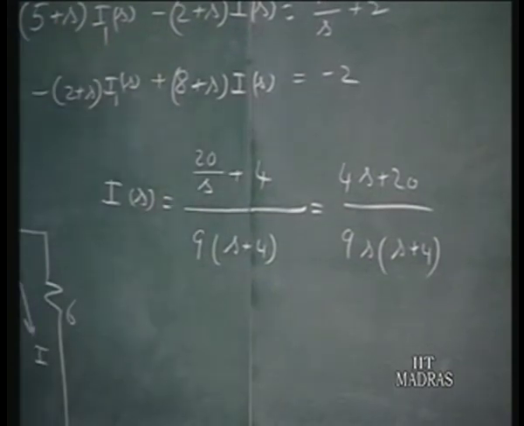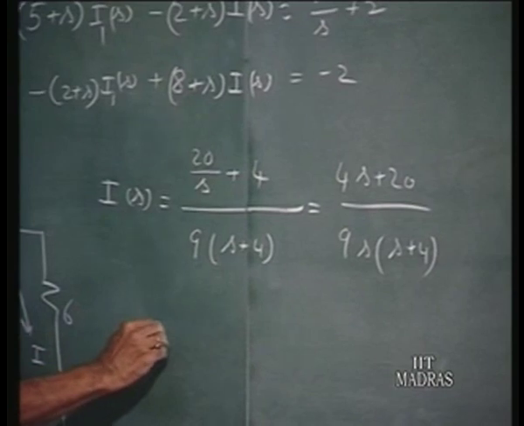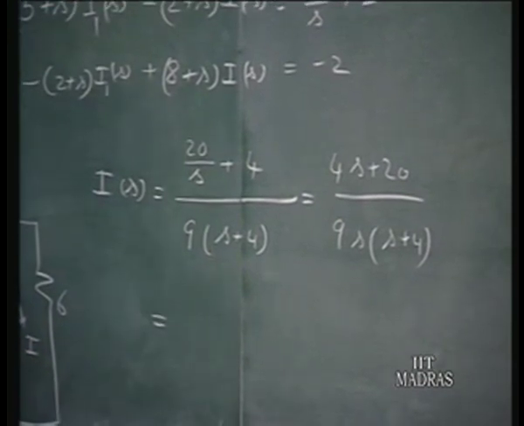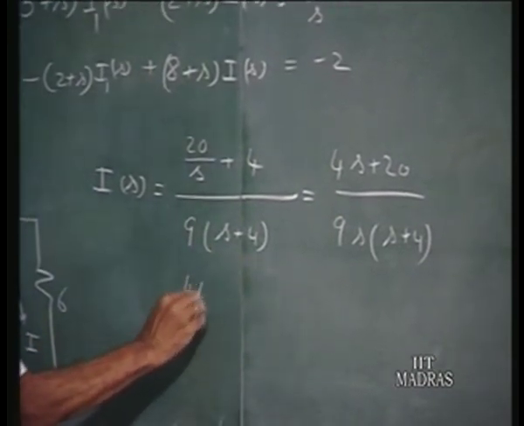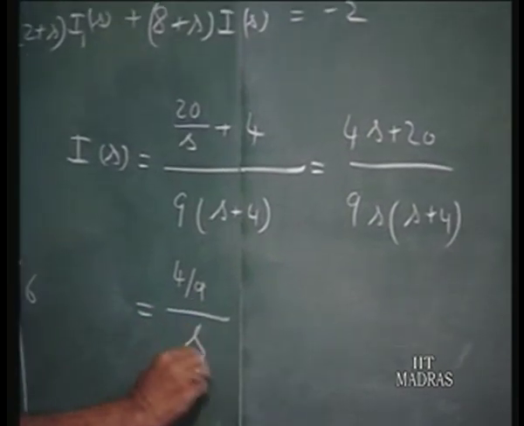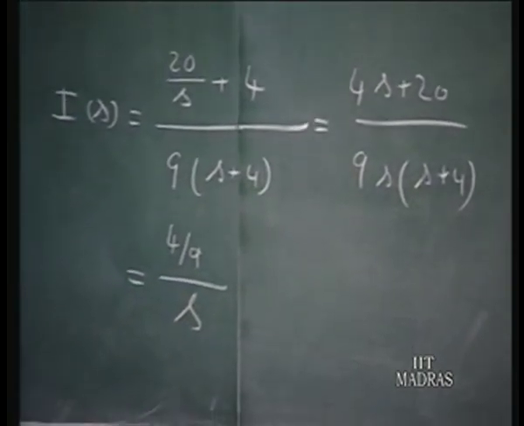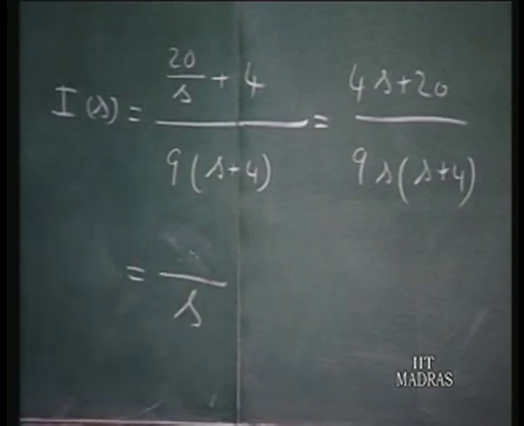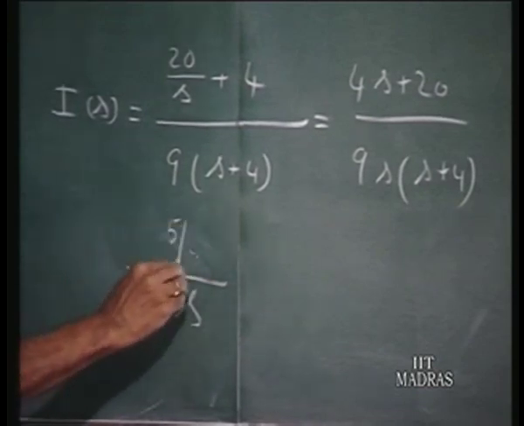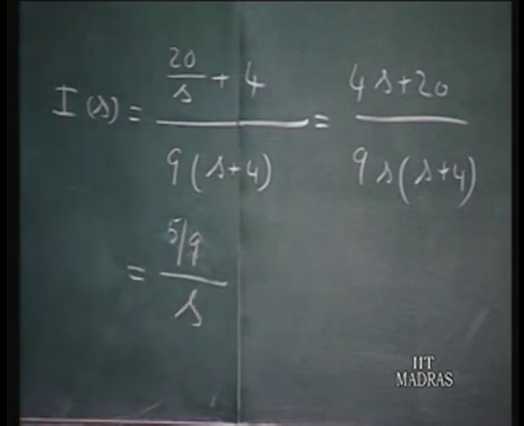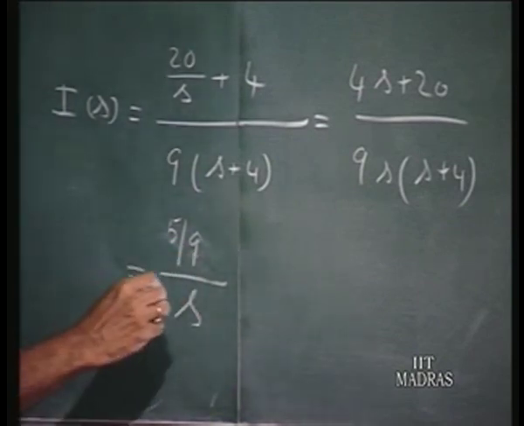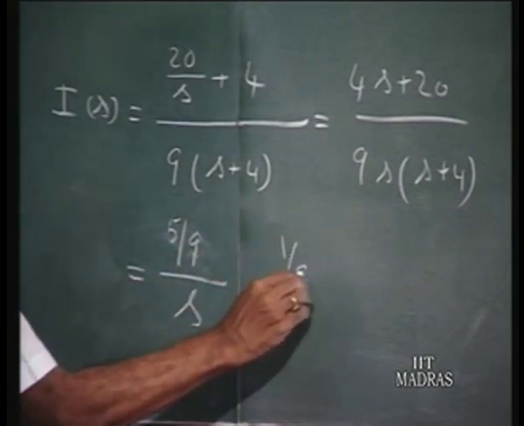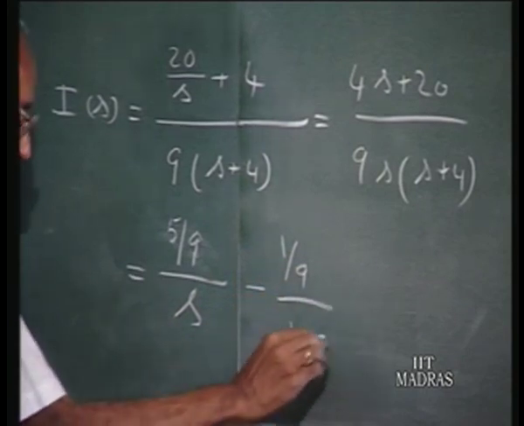So at this stage you make the partial fraction expansion for I(S) in order to find I(t). If you carry out the partial fraction expansion, it becomes 5 upon 9 over S minus 1 by 9 over S plus 4.